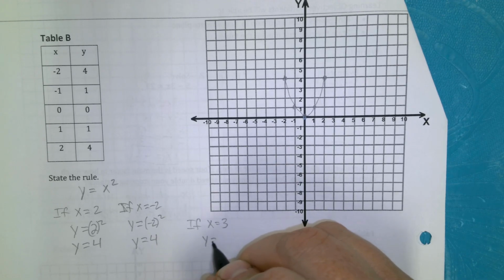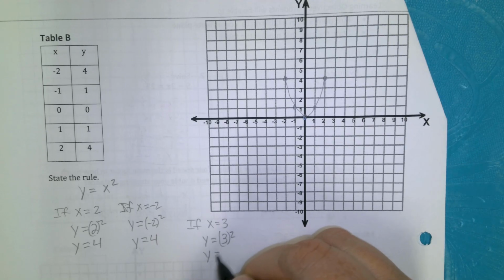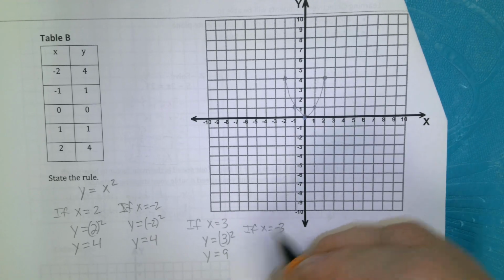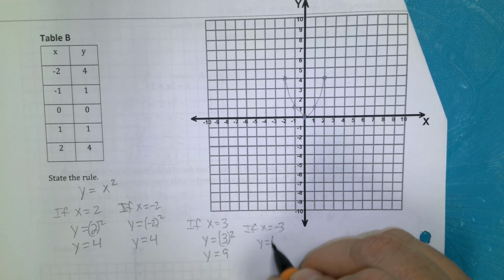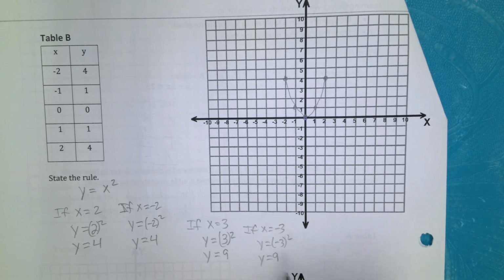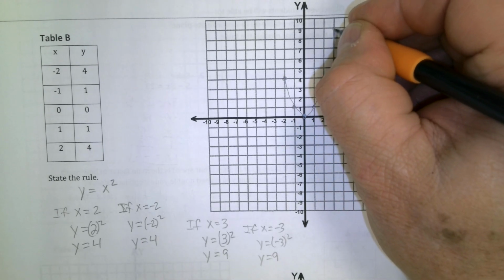So we'll have y equals 3 squared, which is 9. And if x equals negative 3, well, if you do negative 3 squared, it's still positive 9. So we're going to add these 2 points to it. I'm just going to do that because it kind of completes the graph here.